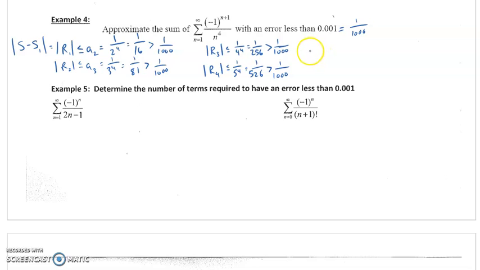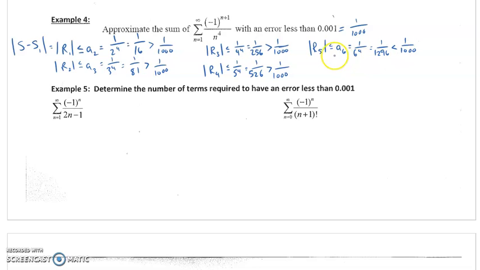So we will go one more step, and we'll find that r sub 5 is less than or equal to the next unused term, the 6th term, which is 1 over 6 to the 4th. Now, 6 to the 4th is 1296, according to my calculator. I don't have that one memorized, unfortunately. And 1296 is finally the first perfect fourth that is bigger than 1,000. So this is the first fraction that we find that is less than 1 over 1,000.